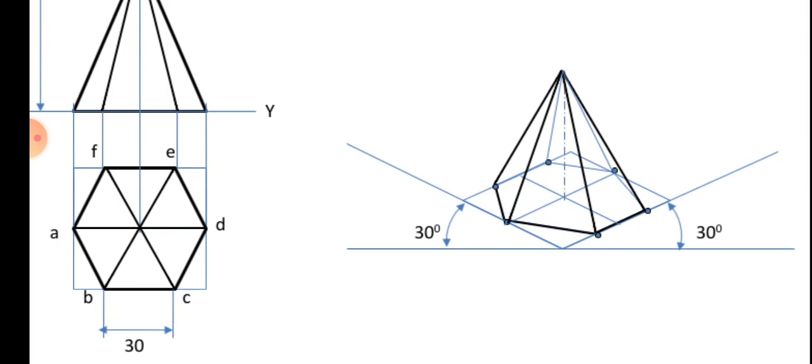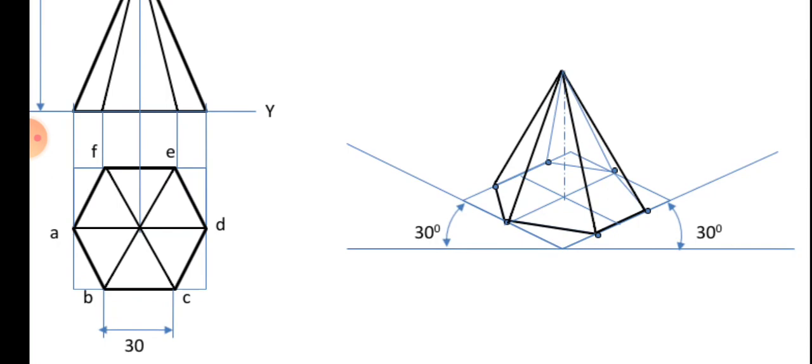So we are not showing any hidden lines, no dotted lines, nothing. Whatever is visible will be shown dark and clean. Inner lines, even if you erase them, no problem. But if you retain them, it's better, because the evaluator who is checking will understand that you have done it properly, and that's why you have kept it light inside.